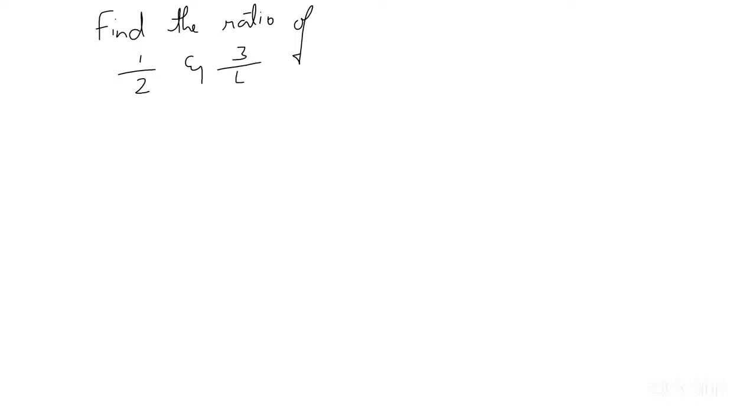Okay, 1 by 2 and 3 by 4. Usually, how do we find out the ratio? We divide it. We divide 1 by 2 and 3 by 4. I explained to you all that when a fraction is in divide and we have to solve it, how will we solve this thing?